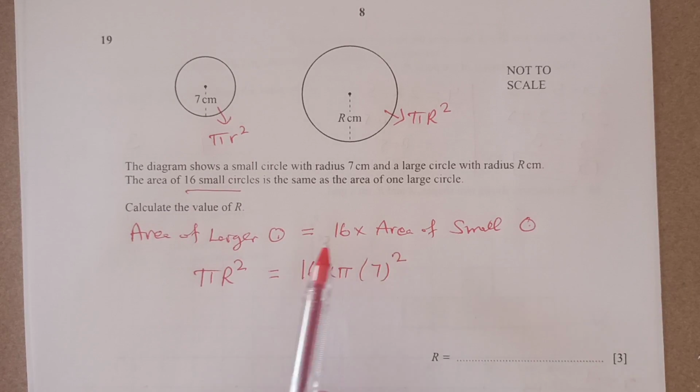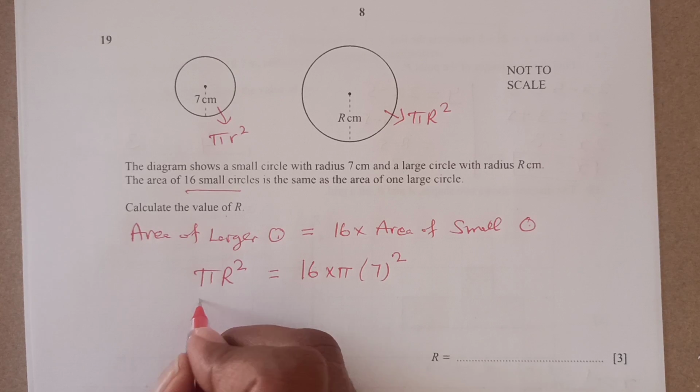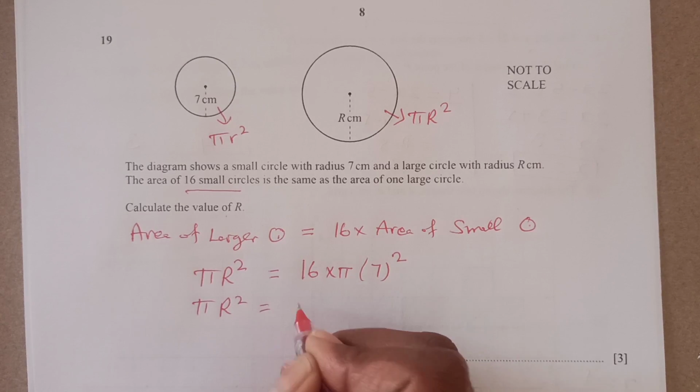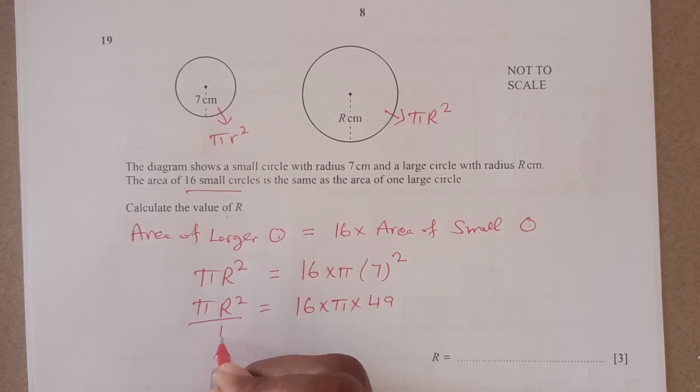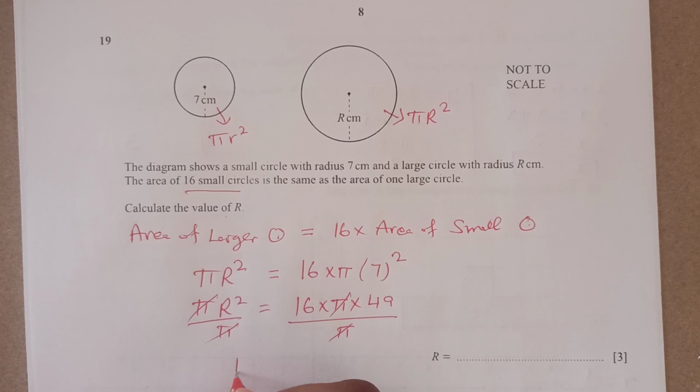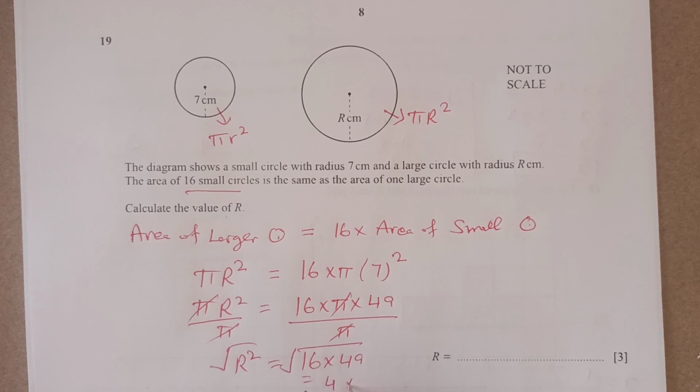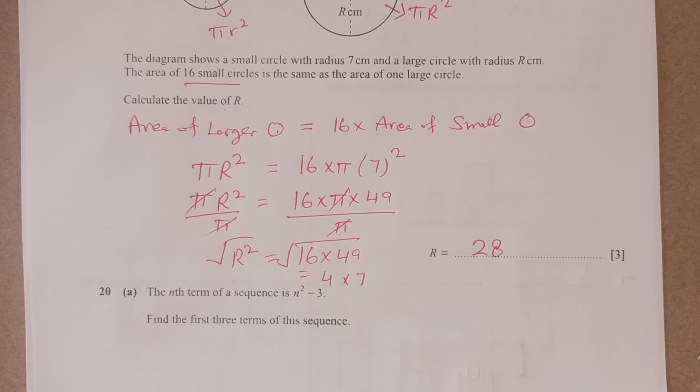So we are looking for the value of R. So pi R squared equals 16 times pi times 49, right? Divide by pi, divide by pi. So this is gone. So R squared is 16 times 49, and then square root on both sides. So this is 4 times 7, which is 28. So final answer is 28, right?